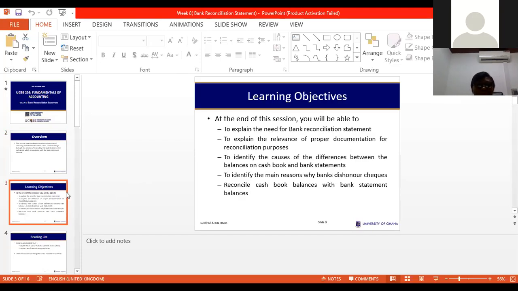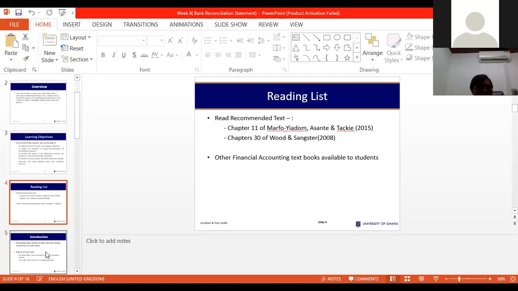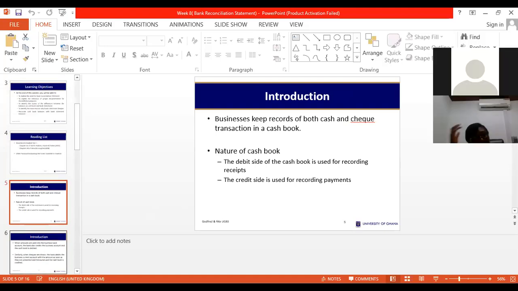So we'll reconcile the cash book with the bank statement, explain the need for bank reconciliation and identify the main causes of it. We have our reading text.